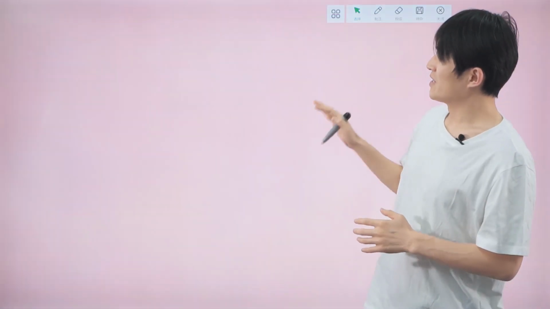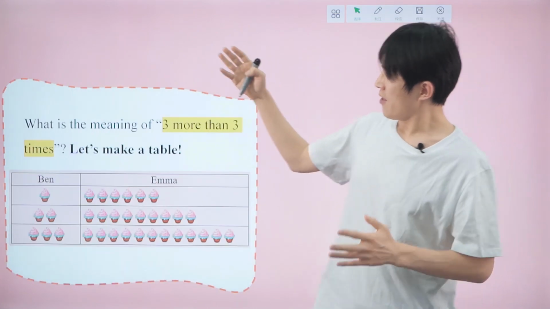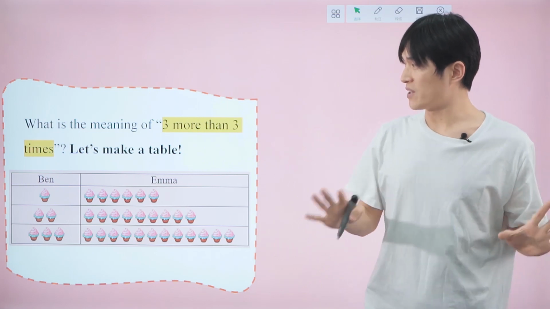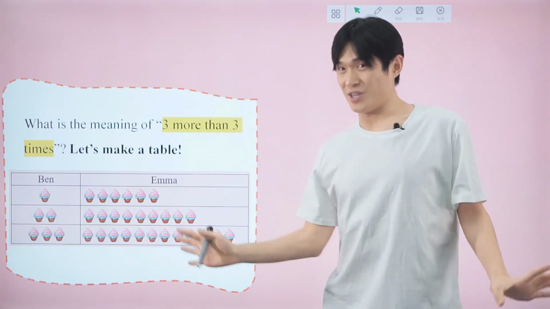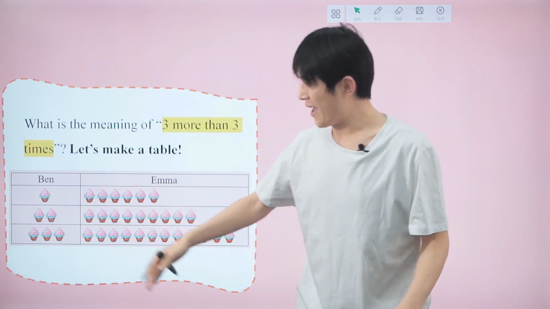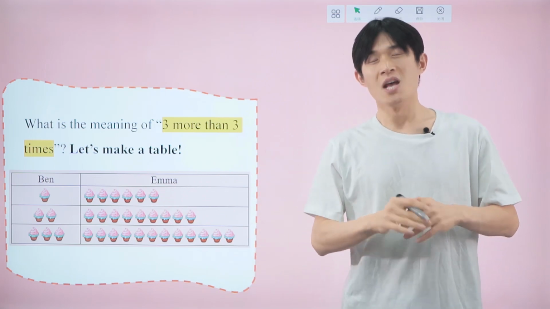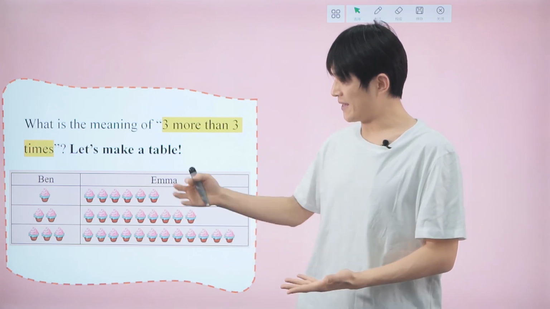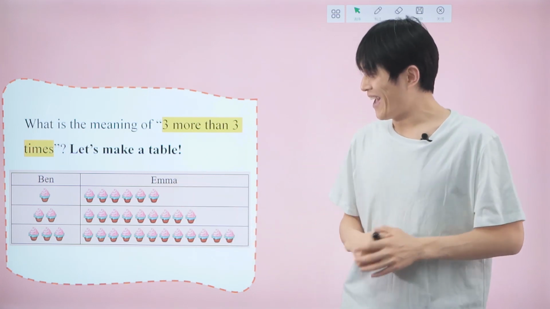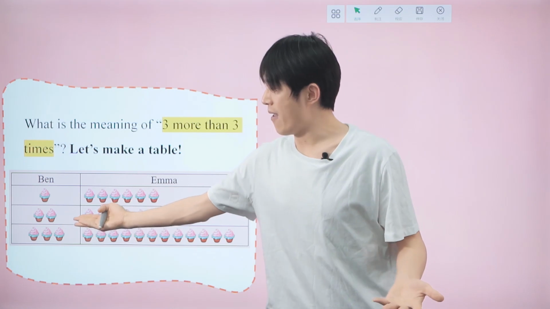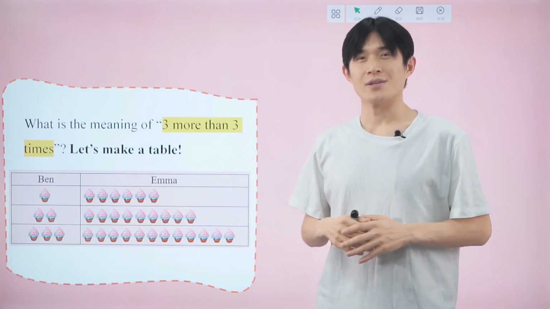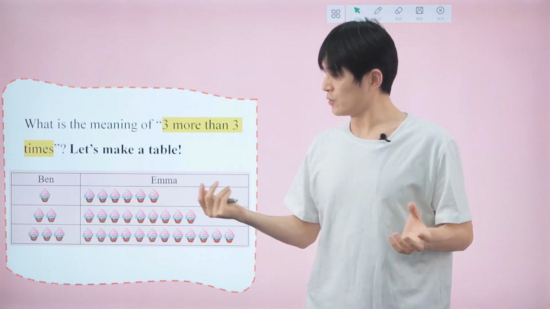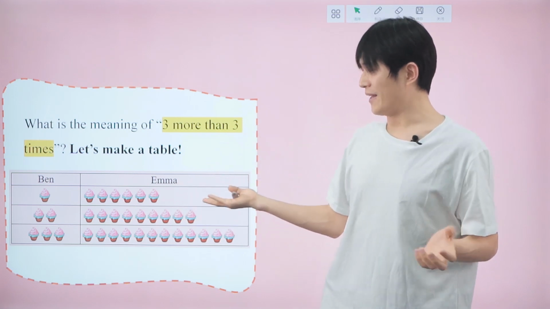So here we go. First, you need to know the meaning of 3 more than 3 times. You can make a table, and here's 1, and then 3 more than 3 times. 1 times 3 is 3, and 3 plus 3 is 6. And then how about if Ben got 2 cupcakes? 2 times 3 is 6, and 6 plus 3 is 9.